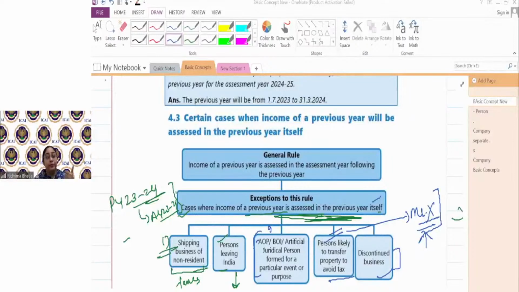Now that shipping company will have some income which is taxed in India. Some part of the income would be there which is taxable in India. Without paying tax on that income, shipping companies are not allowed to go. They are not given the clearance. And please don't think that ma'am, they will just leave, who will catch them. No, it's not like that. Things don't work like this.